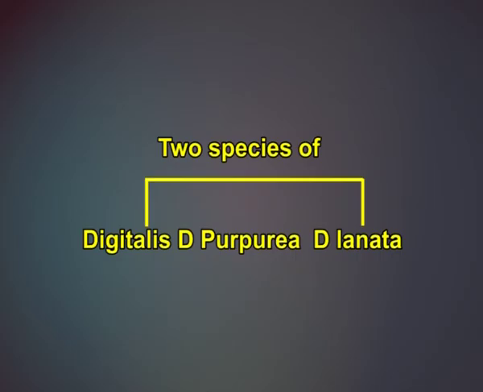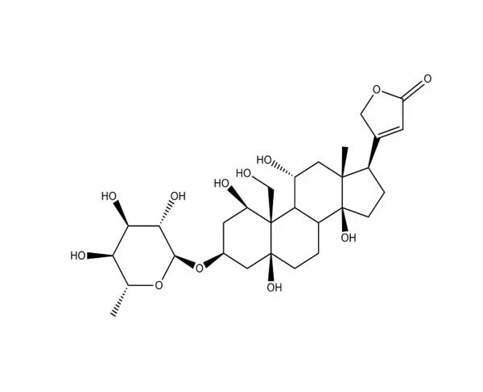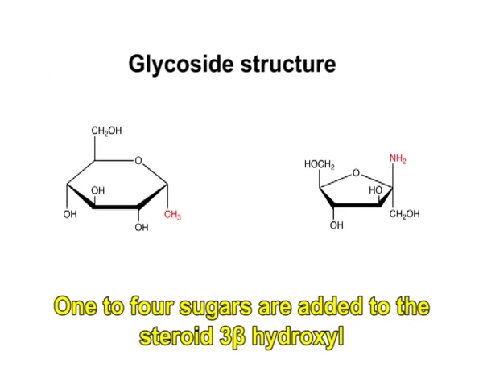So far, the most historically and commercially important sources of cardiac steroids are two species of Digitalis, D. purpurea and D. lanata. Structure. Cardiac glycosides are generally found in nature as the corresponding 3-beta glycosides. 1 to 4 sugars are added to the steroid 3-beta hydroxyl to form the glycoside structure.